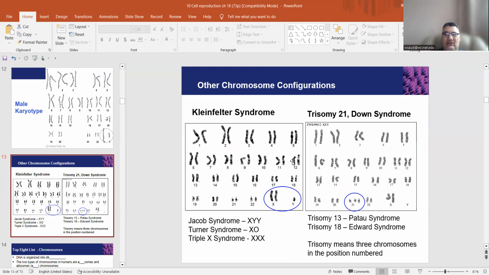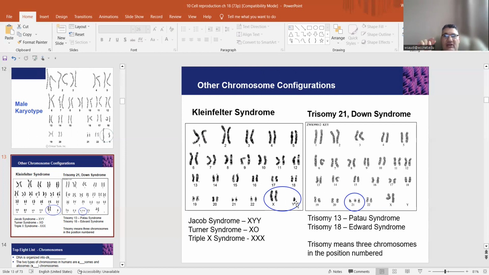I'm not going to ask you to memorize all these abnormalities, but just look at this Klinefelter syndrome. Look at number 23. Instead of having XX or XY, it has two X's and one Y. So it's trisomy.